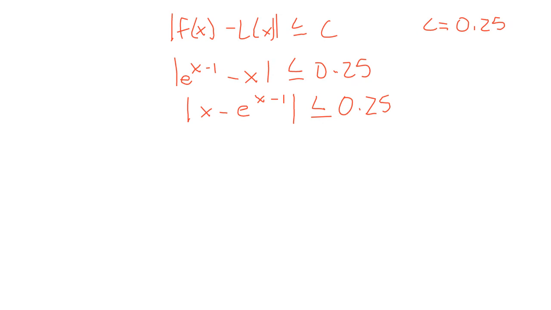What I mean by that is we can remove this absolute value sign and say that x minus e to the x minus 1 is less than or equal to 0.25, and we also have to be greater than negative 0.25.